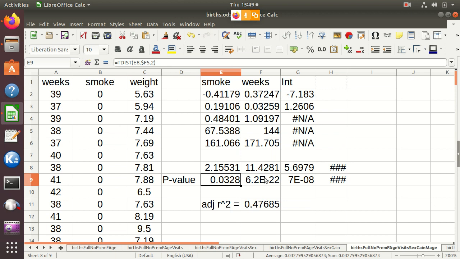Here we could say we find a significant difference in the baby weight, so mention the response, between mothers who smoke and mothers who don't smoke, with mothers who smoke having babies about 0.4 pounds lighter than mothers who don't smoke.